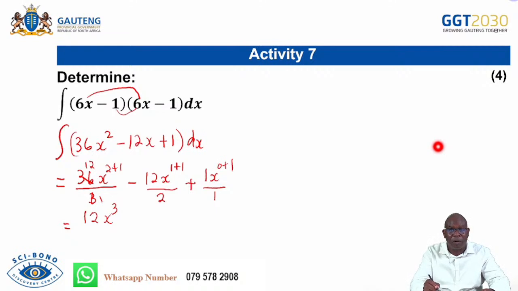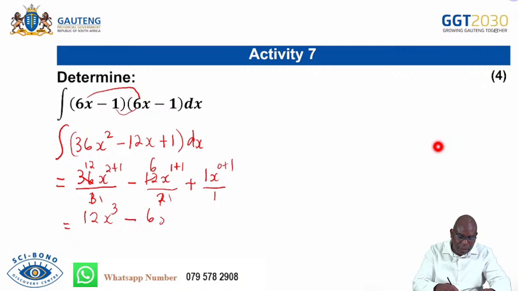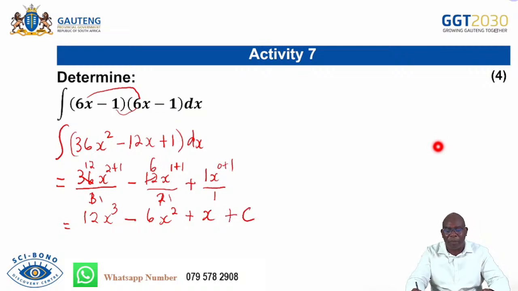So I'm going to get my 36x squared. So here the 2 goes into 12 six times. So I'm going to have minus 6x to the power of 2. There I'll have x to the power 1, which is going to be my x. What did I forget? Plus c, where c is an element of all real numbers.